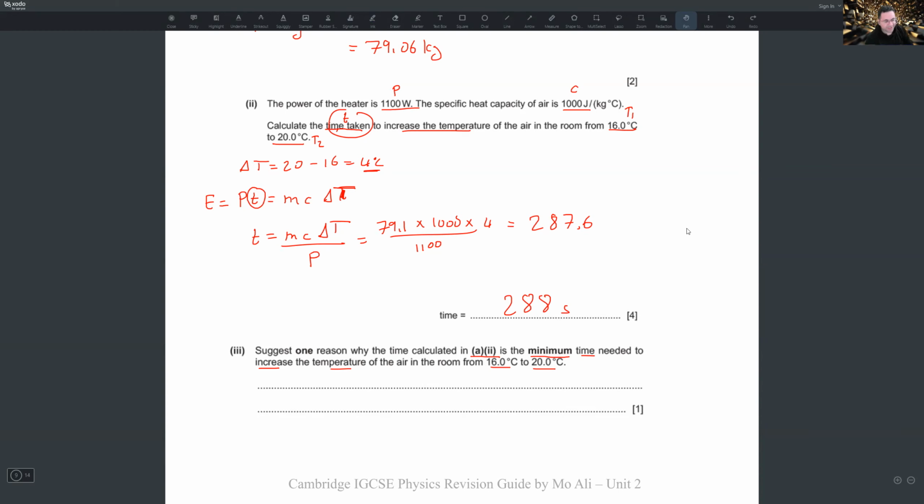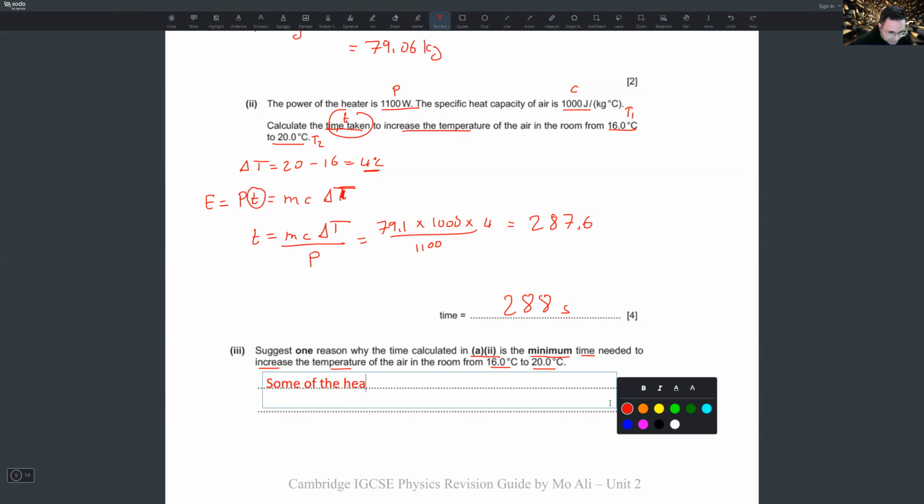It's heating the furniture and everything else. So you have two things that you can say here. Either you say some of the heat was transferred to, for example, the furniture in the room, or objects in the room if you're not sure of that, or you want to avoid making assumptions.